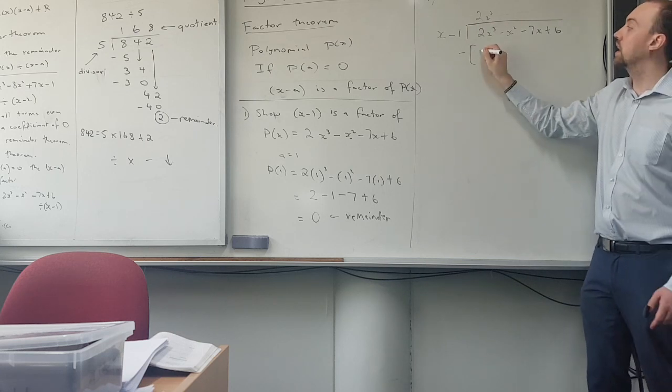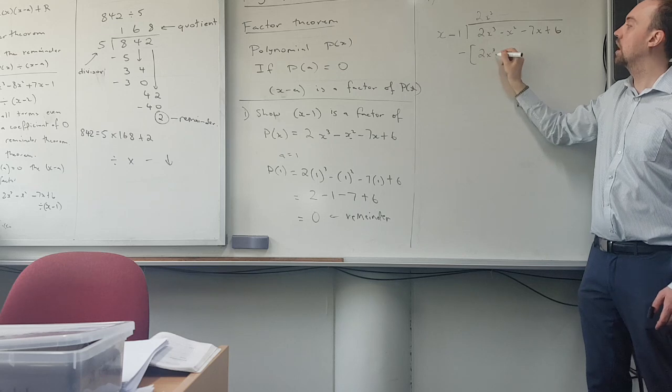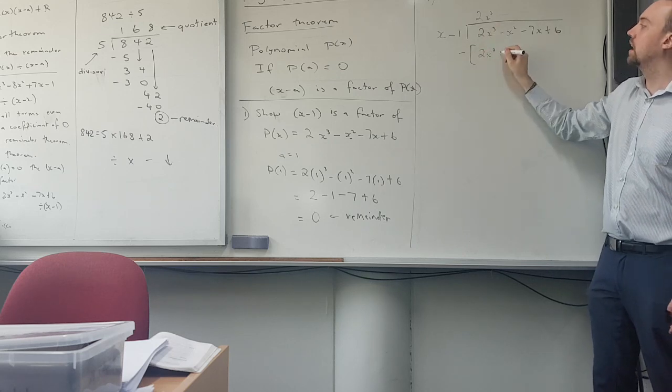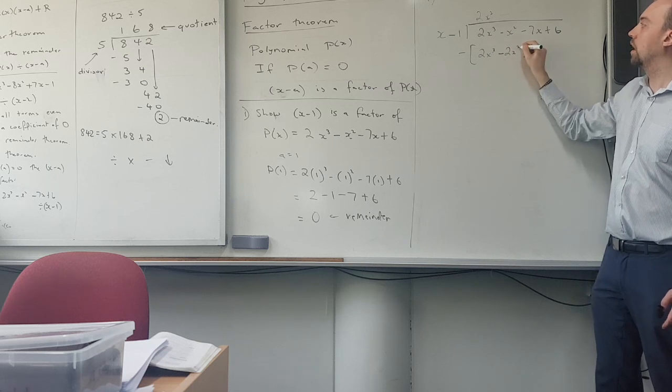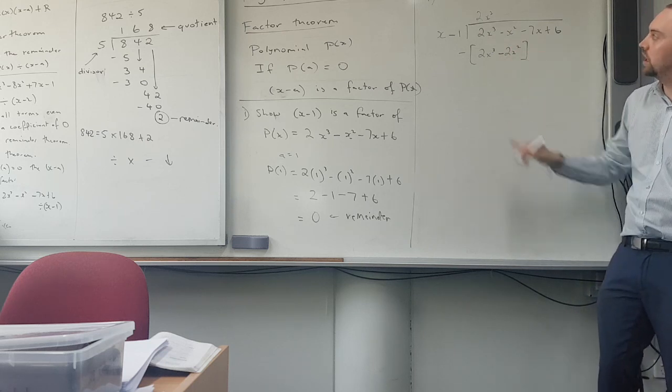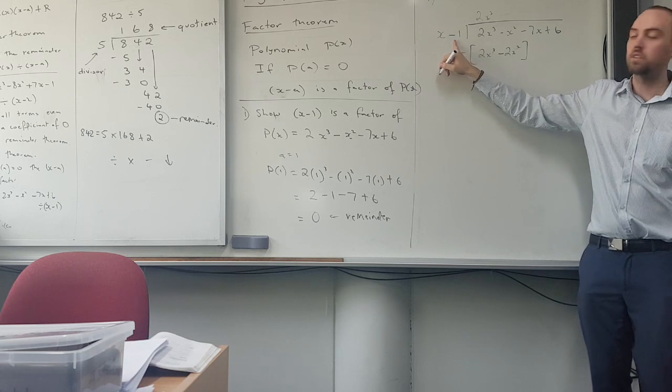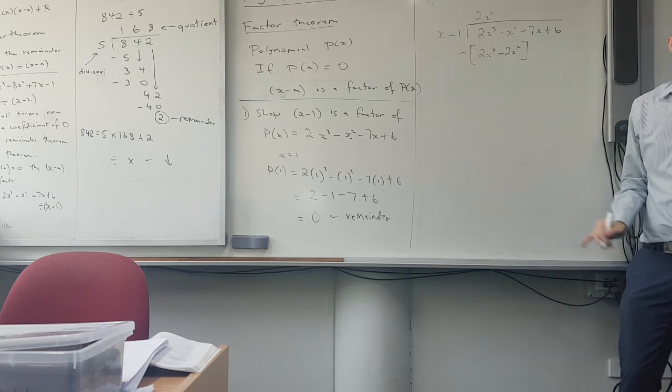So I get take away 2x cubed, and then take 2x squared. Negative 1 times 2x squared is negative 2x squared.